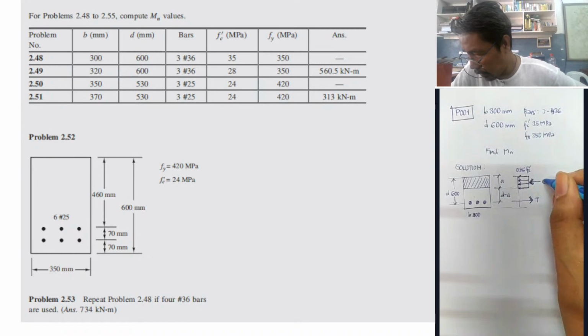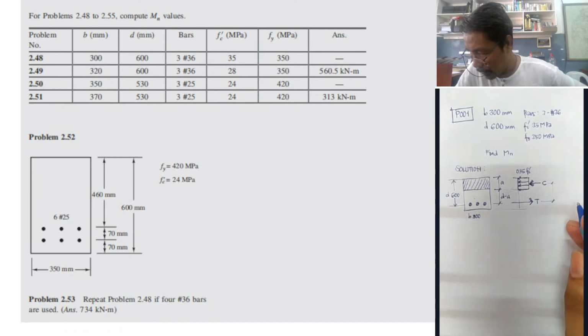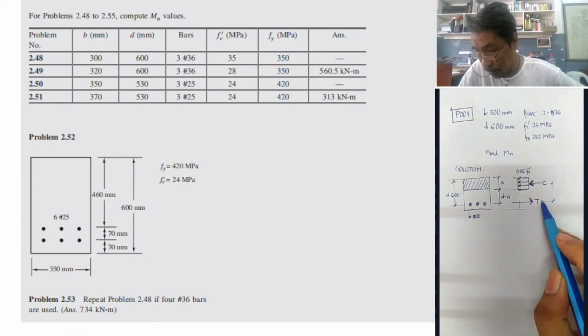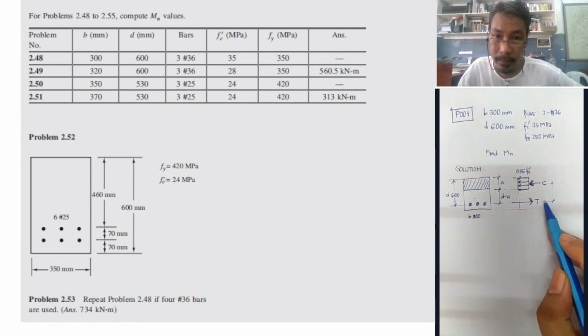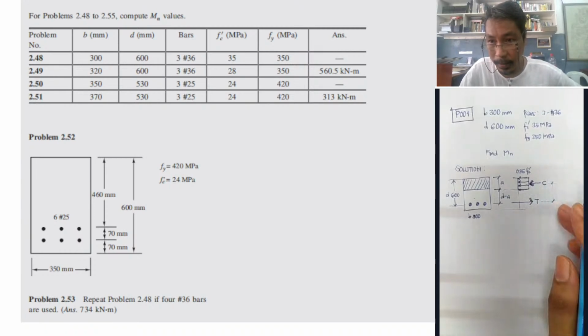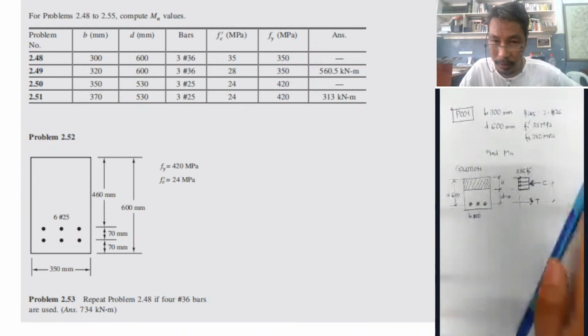So that we can initiate a mathematical computation wherein we identify that C and T are equal, in order to give us the static equilibrium. They are equal in opposite direction.